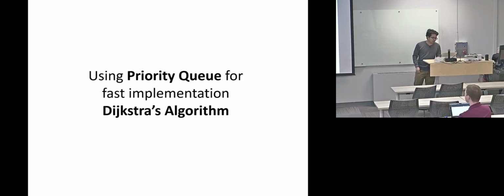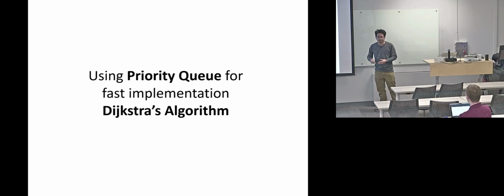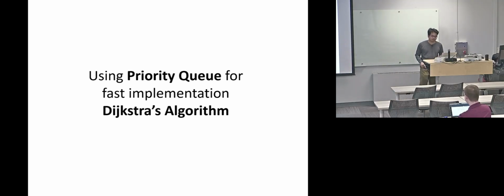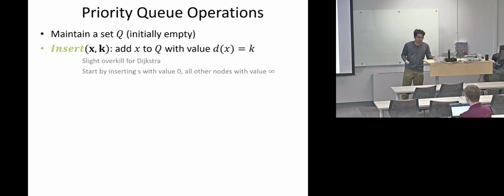Okay, so now let's think about how fast this algorithm is. We're just going to use a priority queue or heap for implementing this. A priority queue is just a data structure, an API that has some functions for you, and you can call each of the functions that it provides. What functions does it have?